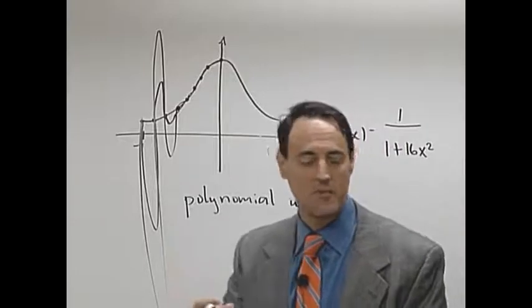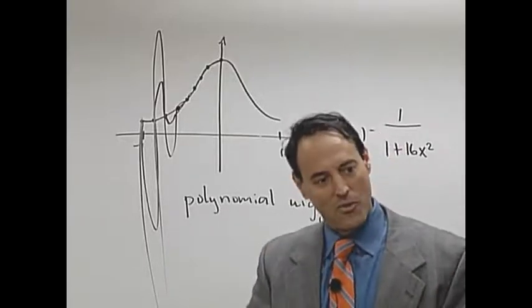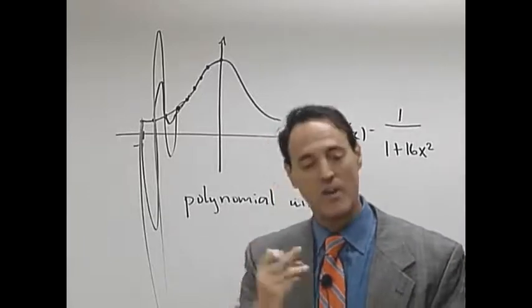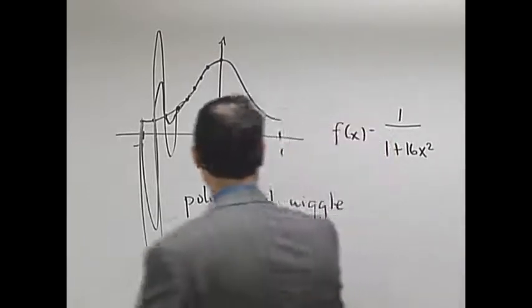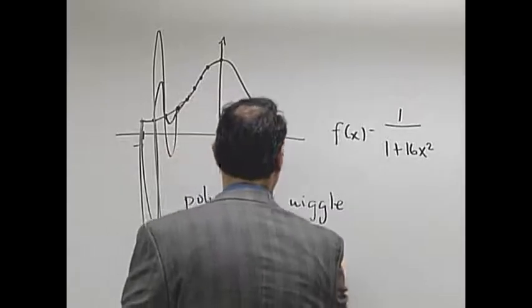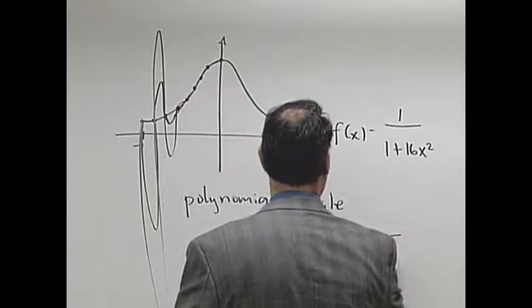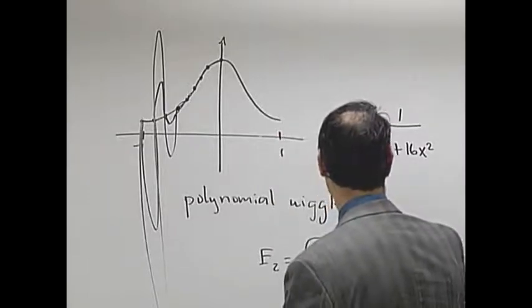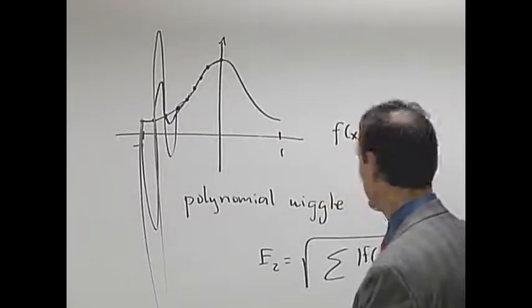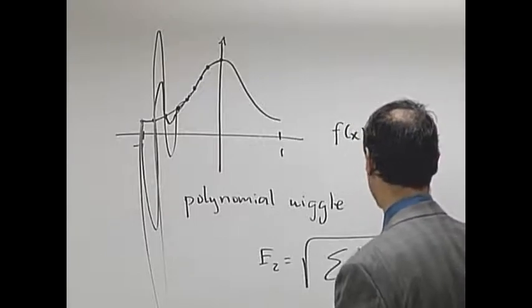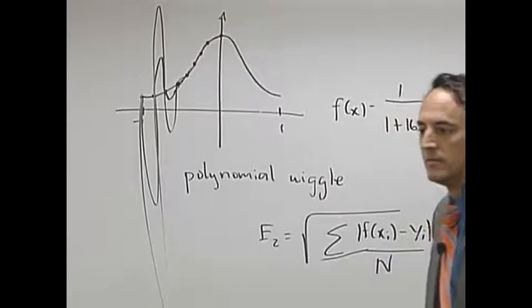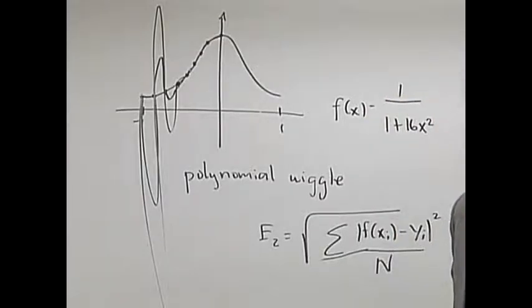We say, take the difference between the point that's supposed to be and the point I actually calculate, square that, divide by the number of points, right? You can do this E2 fit. You give it the actual points that it's supposed to be at minus what you calculated over the total number of points. That's the least square fit. And by the way, your error is going to be exactly 0.